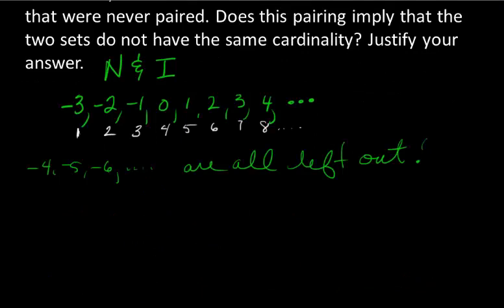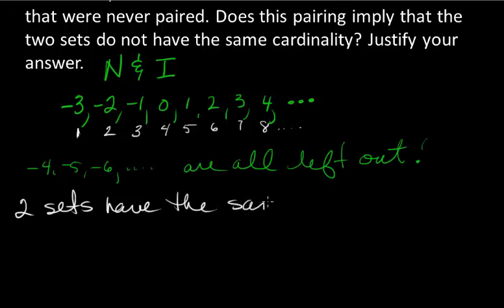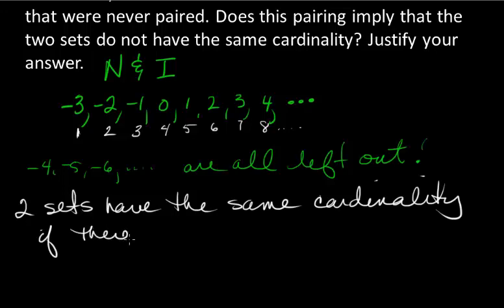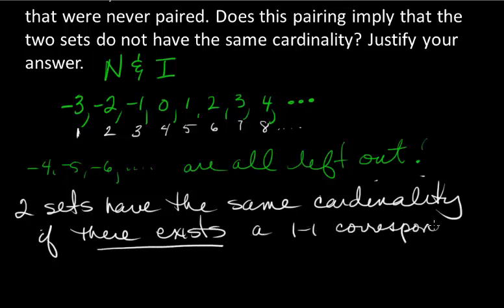Remember, this is the definition of two sets having the same cardinality. Two sets have the same cardinality if there exists a one-to-one correspondence between the two sets.